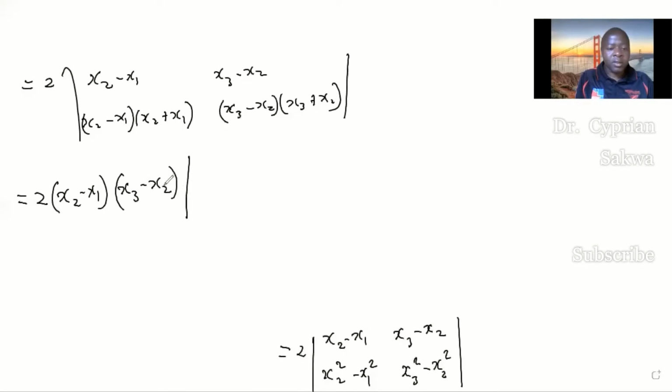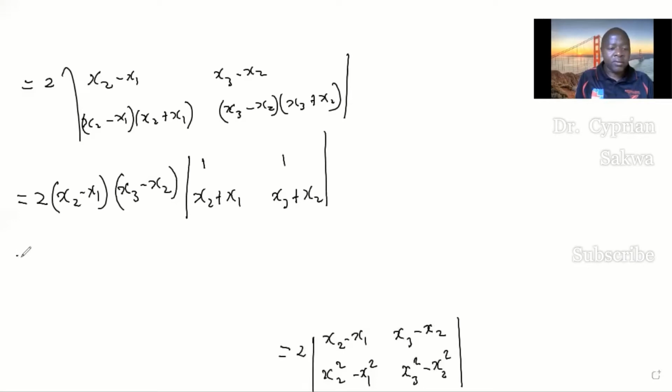So what is left here? x2 minus x1 goes here 1 times, and it will go here x2 plus x1. And then x3 minus x2 will go here 1 times, and it will go here x3 plus x2. So I can now find the determinant of this matrix.